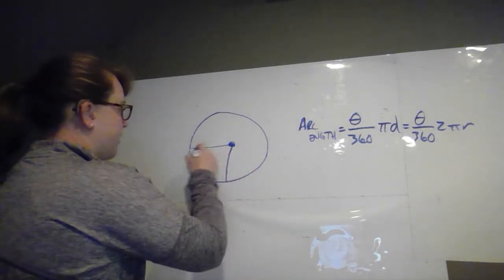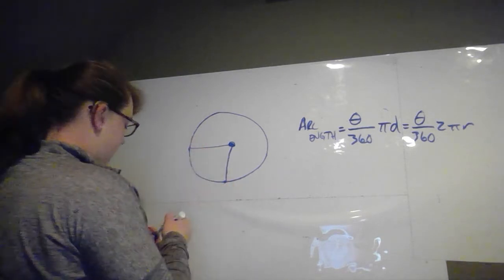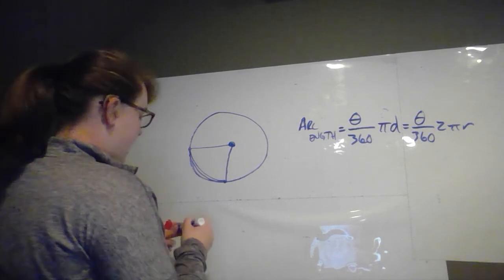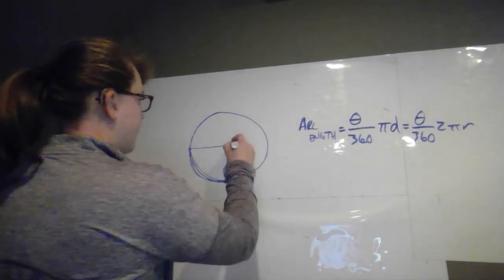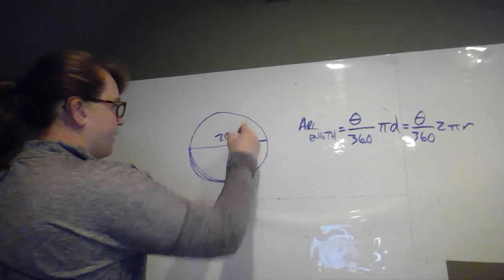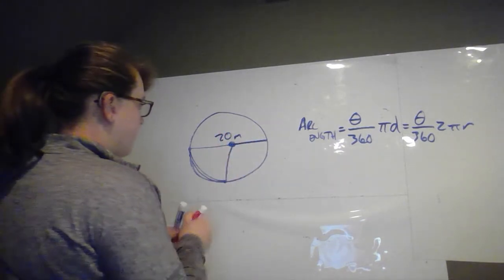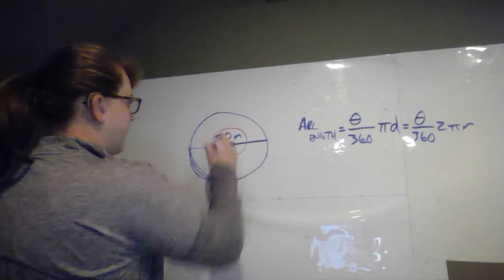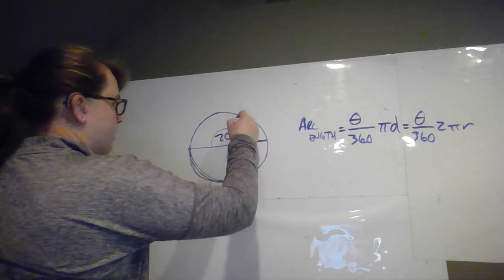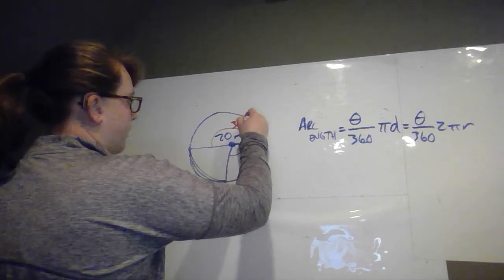Let's say I want to know this arc right here, but I know the diameter of the circle is 20 meters, and I know that this angle around the outside here is 301 degrees.